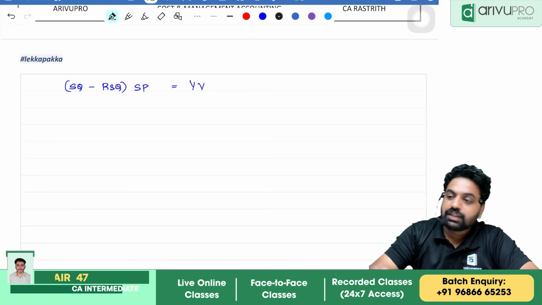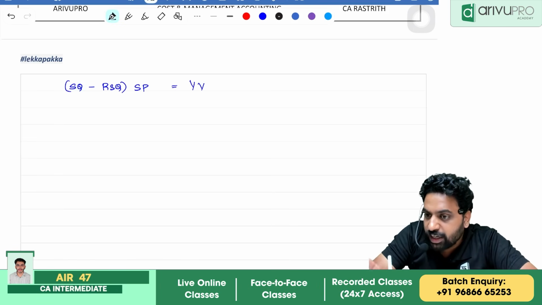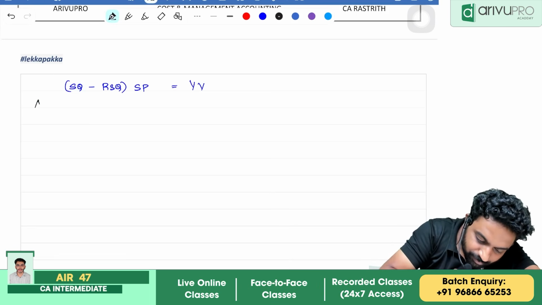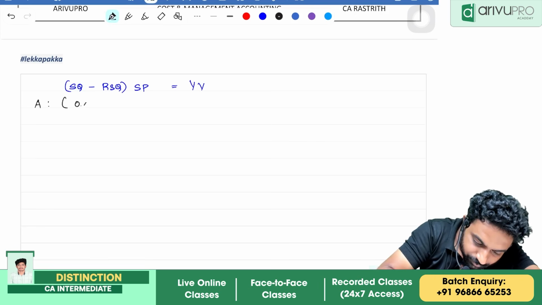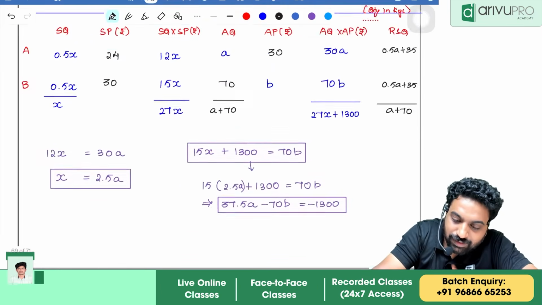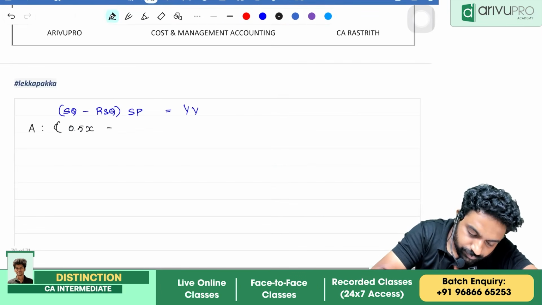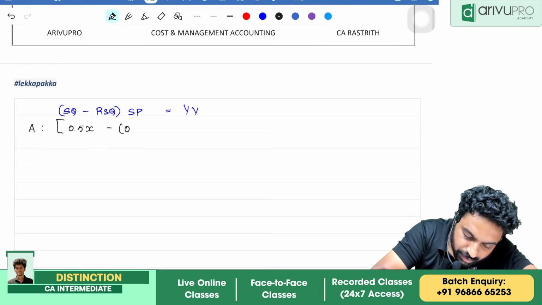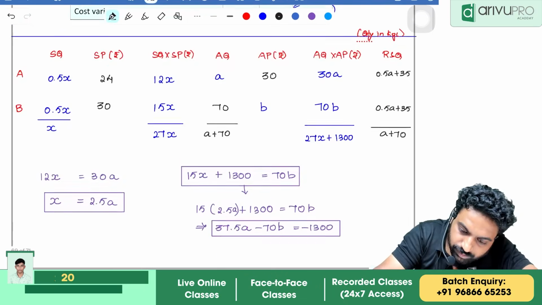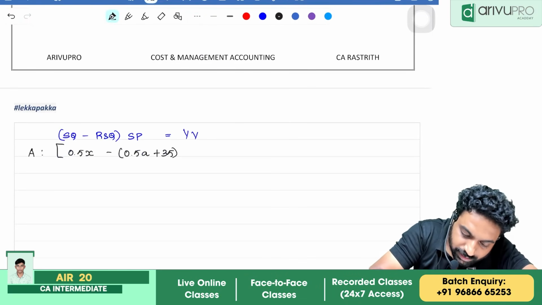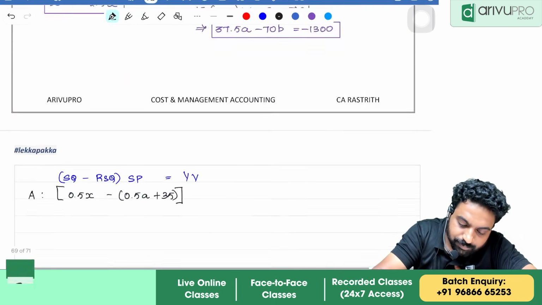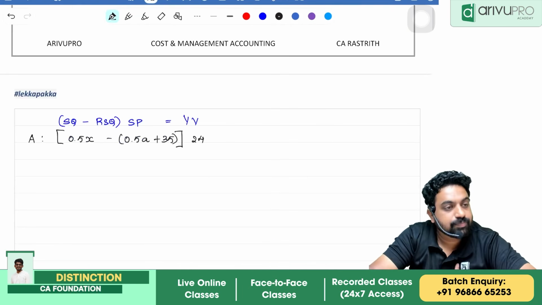Now, they are not telling it only for A or B, but for both A and B. First for A. Guys, for A, what is the standard quantity? 0.5x minus the revised standard quantity, 0.5a plus 35, into standard price of A, 24.